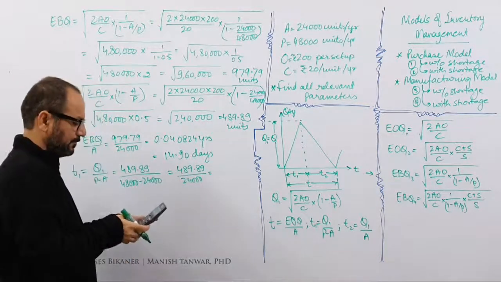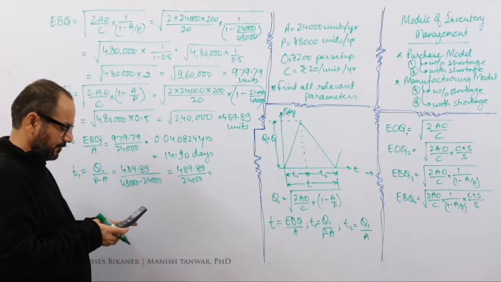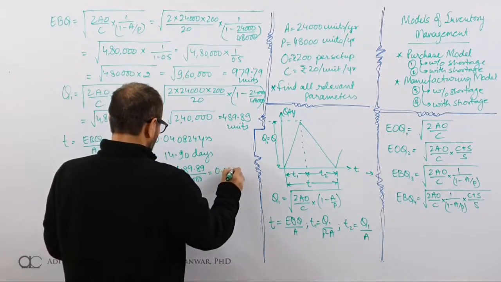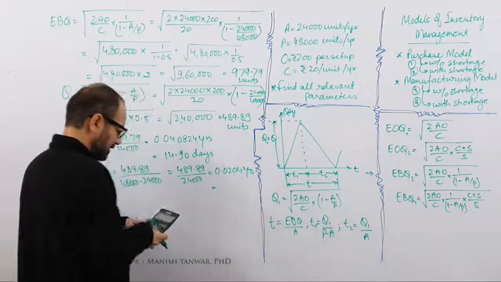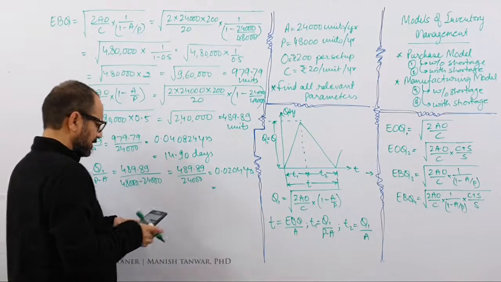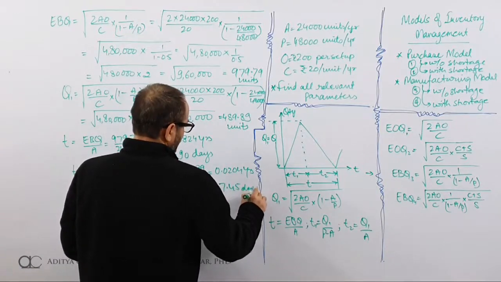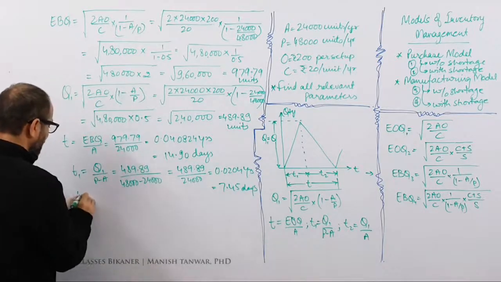This is 0.0204 years. And if I multiply it by 365, it gives me 7.45 days. And finally, can I have my T2?